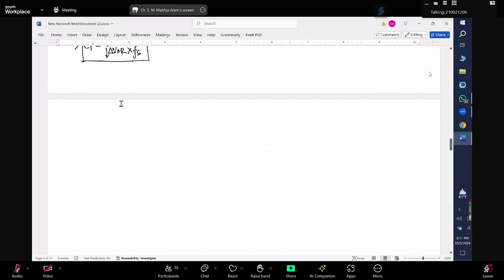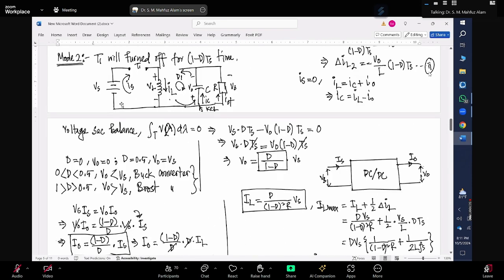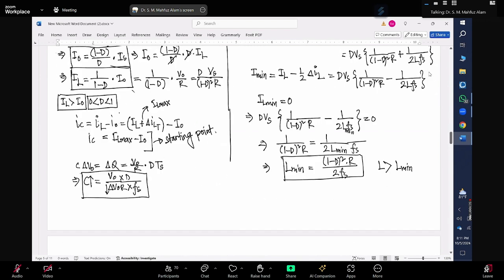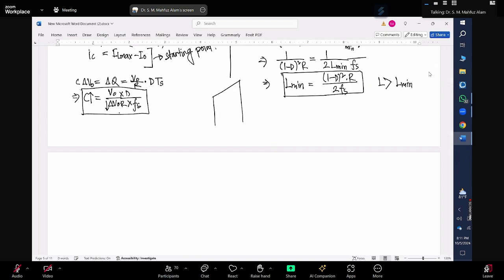Yes, sir. How did we find the average value of the inductor current? Can you repeat? Yeah, so the average current of the inductor is like this. Suppose this is your source current. I am just redrawing the source current. It is basically the same current that the inductor has for D multiplied by Ts time, right?